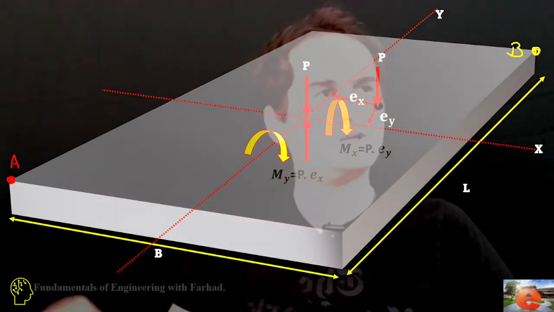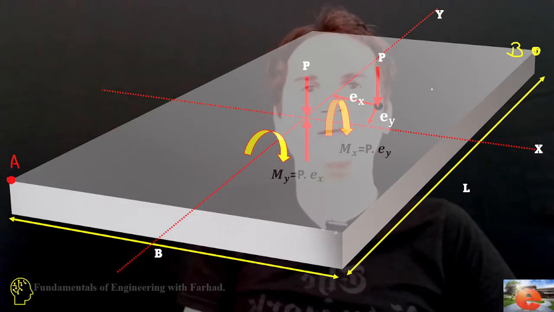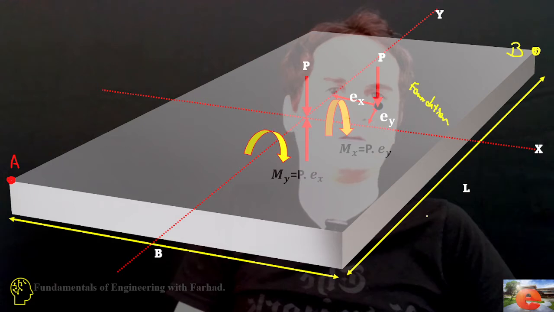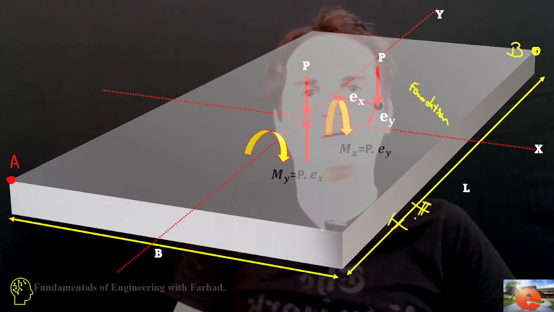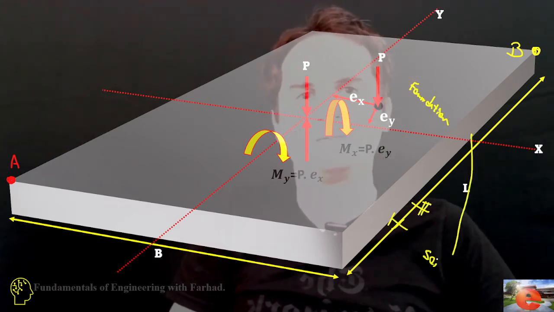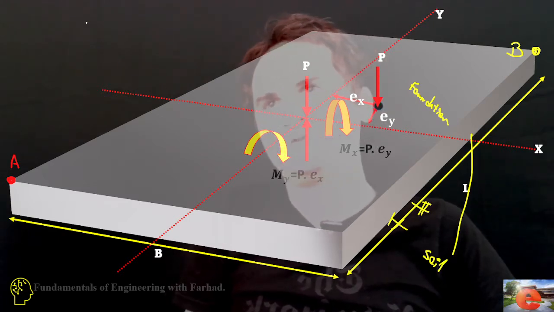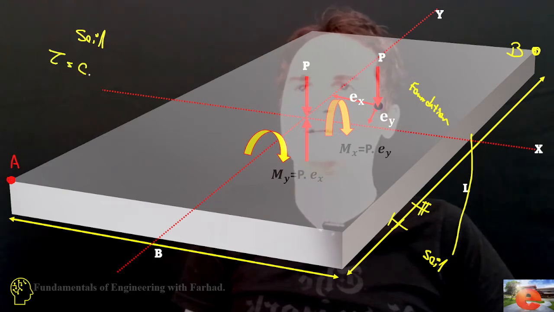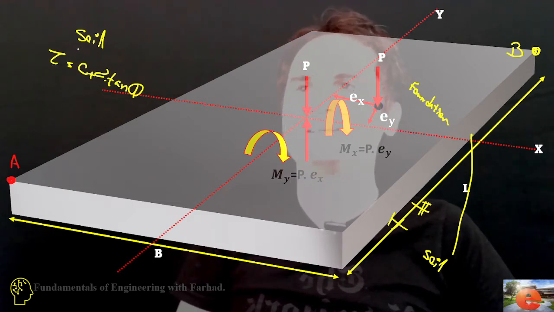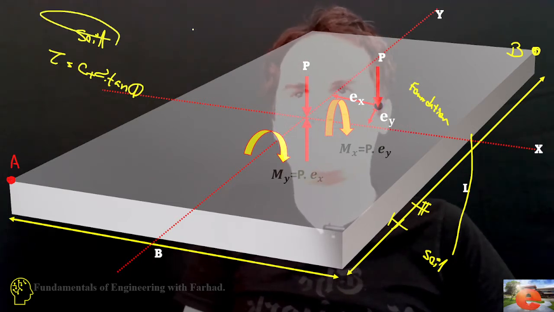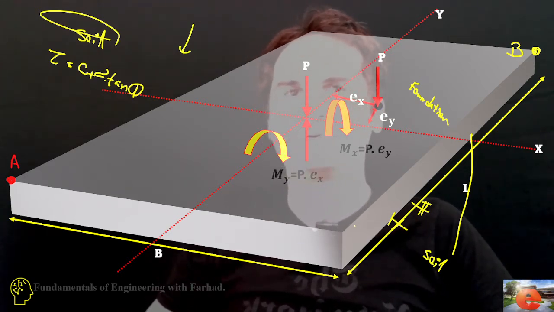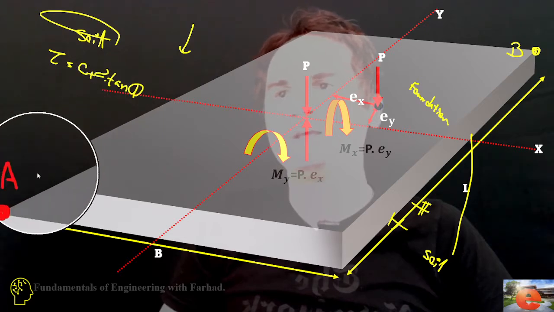In this kind of problem, there is a foundation located on top of a pile of soil. As you know, the shear capacity of soil is tau equals C plus sigma tangent of phi, and soil is strong in compression and very weak in tension. So in that sense, point A is in danger.